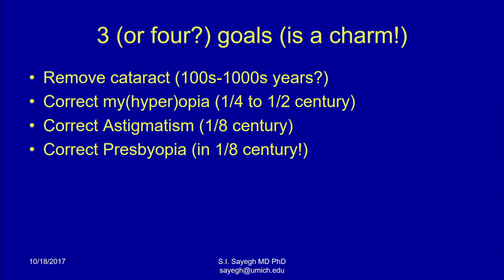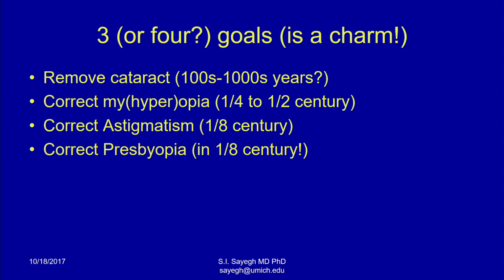So the second step is that you want to correct the myopia or the hyperopia by implanting an intraocular lens. The third thing you want to do is to correct the astigmatism. The myopia and hyperopia, as I was telling you, it's about half a century that we've been able to do this, a little more.